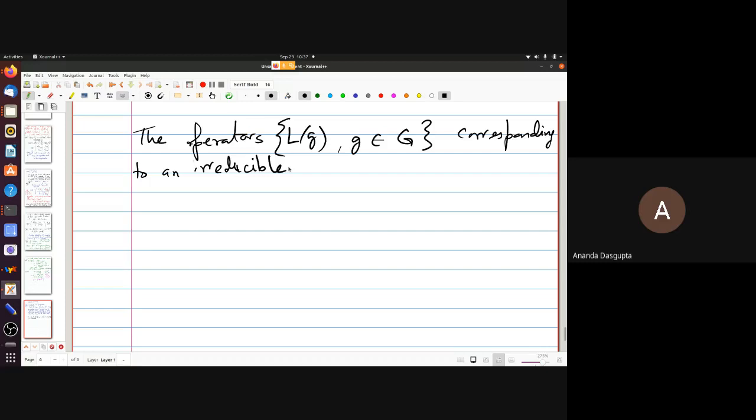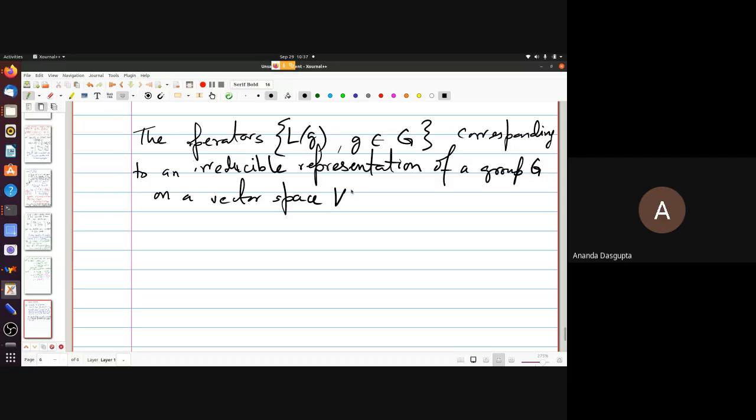So the operators LG corresponding to an irreducible representation of a group on a vector space V constitute an irreducible set of operators on V.